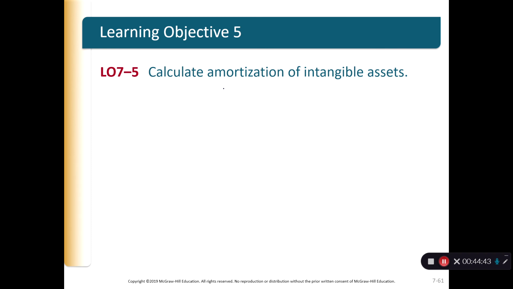Okay, after we talk about tangible asset depreciation methods, we have to talk about amortization. Depreciation is the terminology for tangible assets, like buildings and equipment, right? And for intangible assets, we call it amortization.